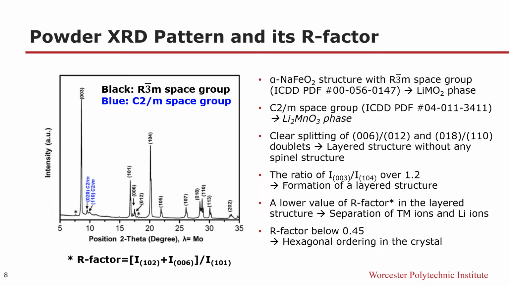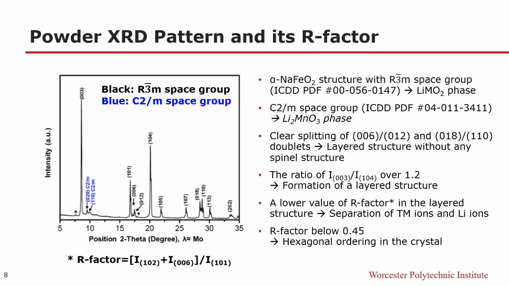Secondly, the clear splitting of the 006 and 012, and 018 and 110 doublets confirms the material crystallized in the layered structure without formation of any spinel structure.